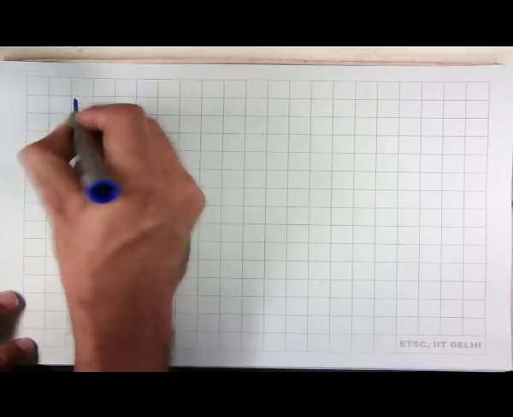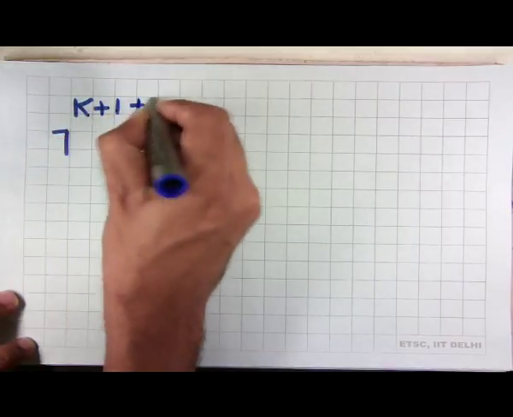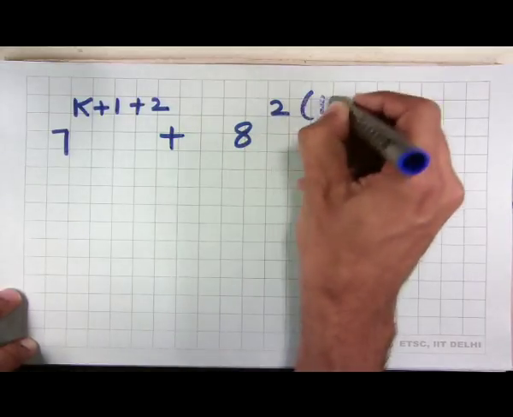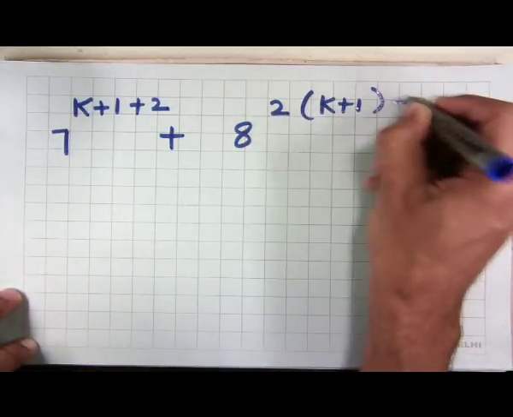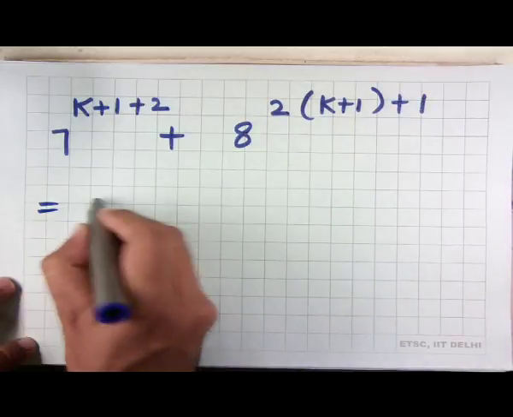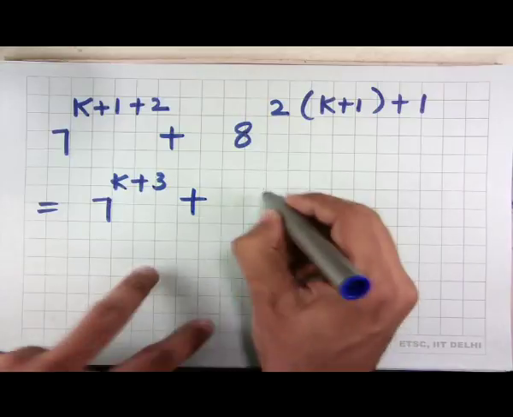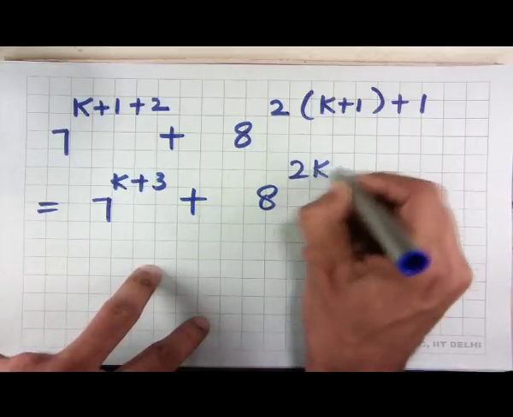Which is actually 7 power k plus 3 plus 8 power 2k plus 3.